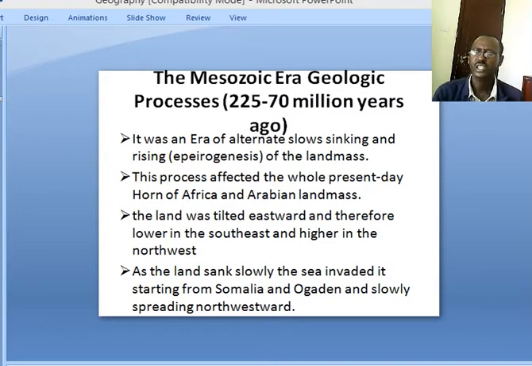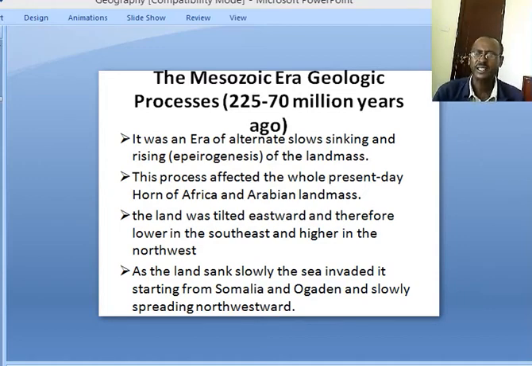This process affected the whole present-day Horn of Africa and the Arabian landmass. The land was tilted eastward, and therefore lower in the southeast and higher in the northwest because of slow sinking.